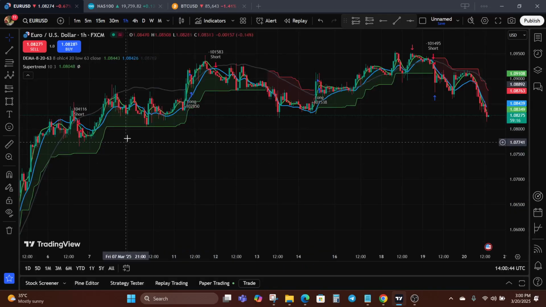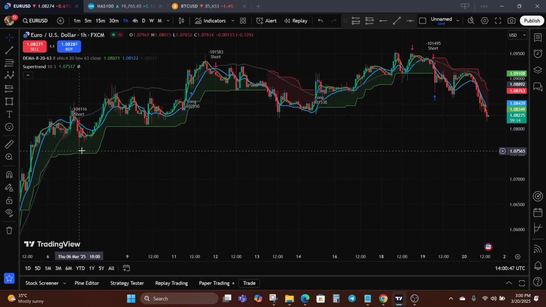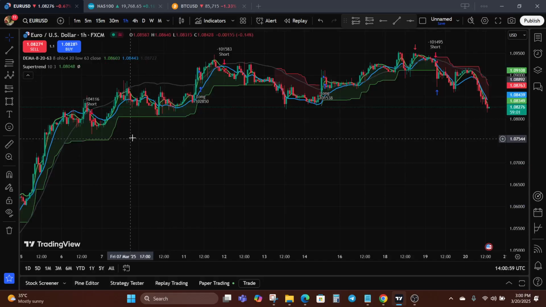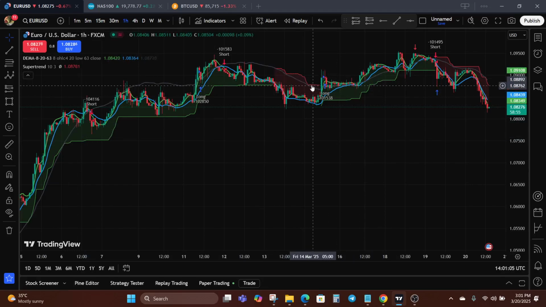You can see these are green line, alongside a green shaded area, and the red line alongside the red shaded area. It is the SuperTrend indicator that is painting those lines and areas, right? So when the SuperTrend line is below price, you will notice that it is going to be green in color, signifying an uptrend. And when it is above price, it's going to be red in color, signifying a downtrend.